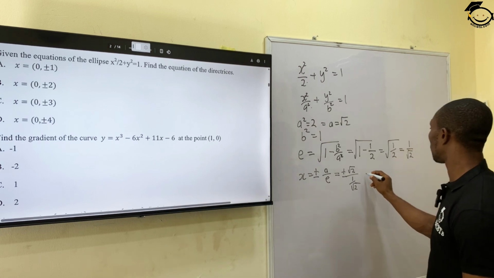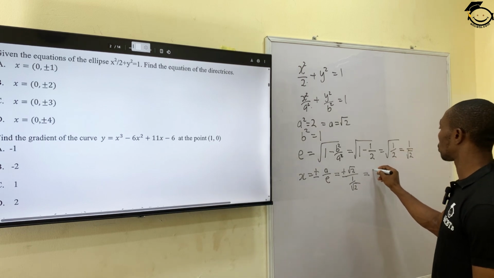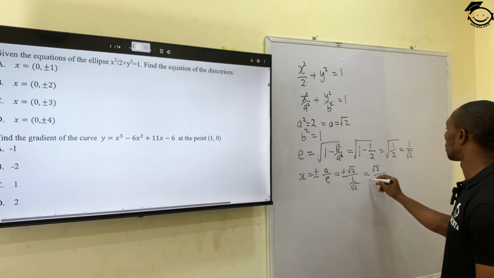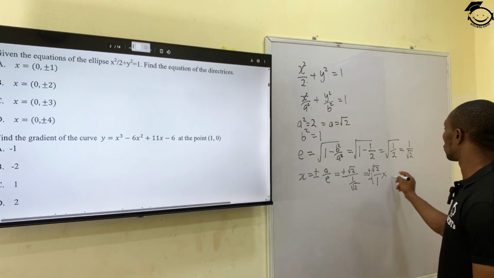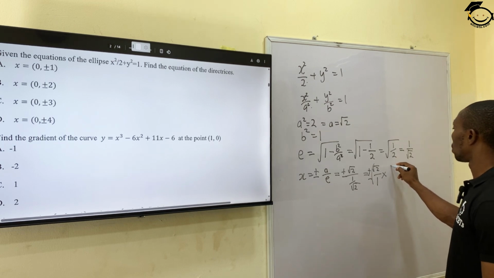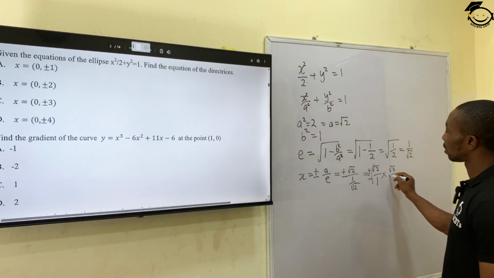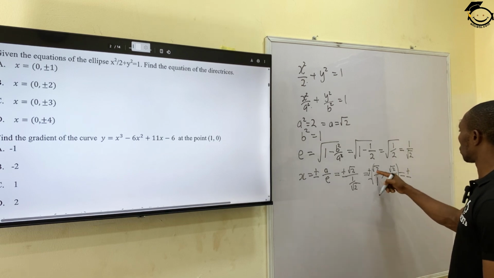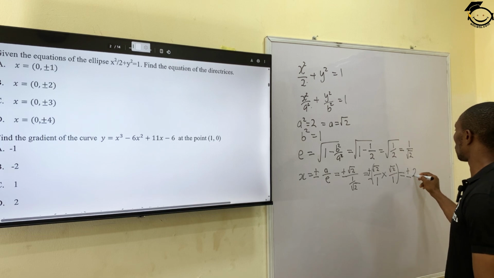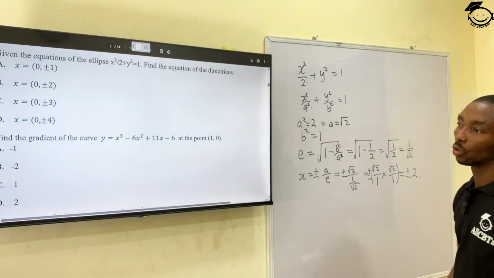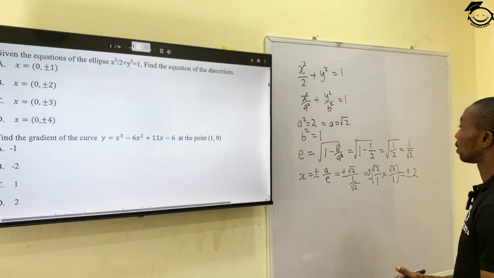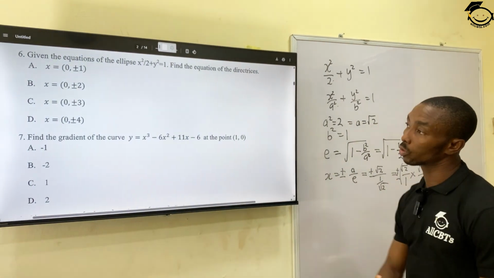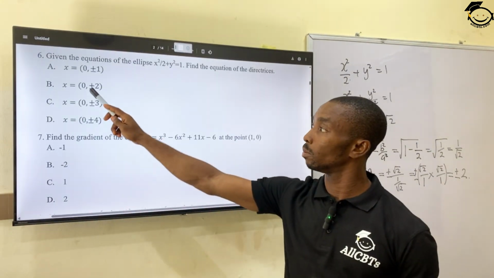Okay, so if we multiply this through, this becomes root 2 over 1 times root 2 over 1. So this becomes plus or minus 2 over root 2, which gives us plus or minus root 2. So our answer for this will become plus or minus root 2, which is option B.